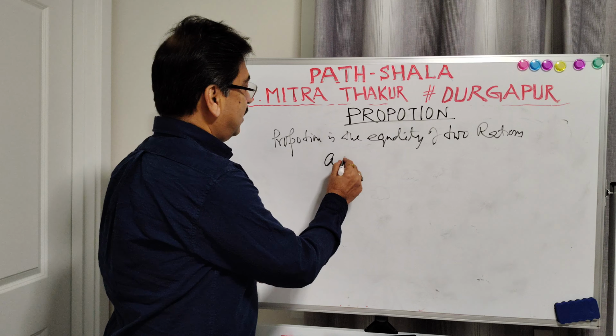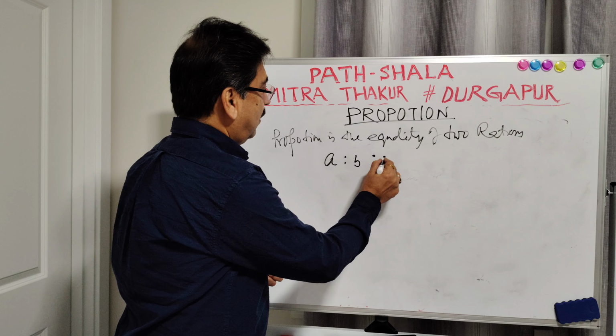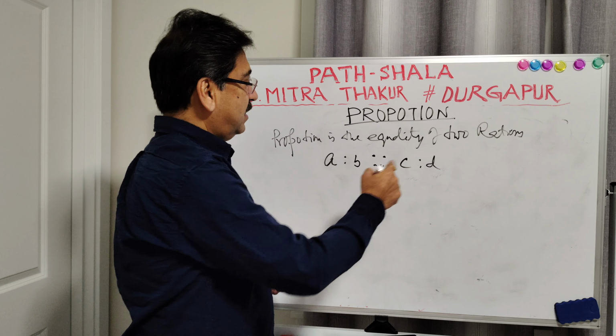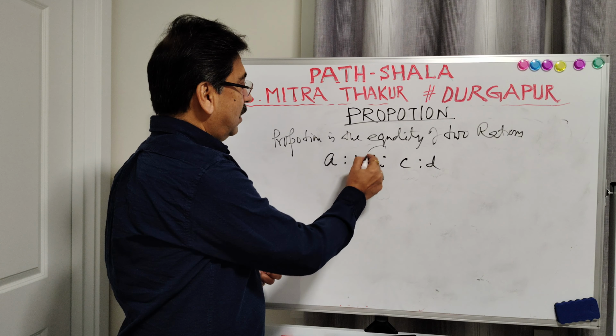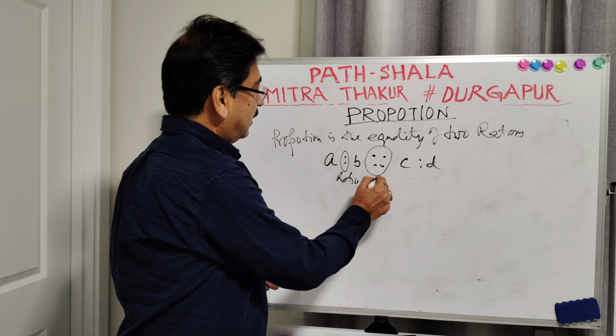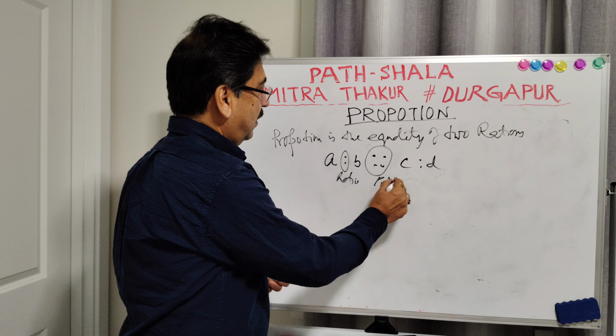Suppose A is to B, C is to D. This symbol is the proportion, and this is for ratio, and this is for proportion. Right?